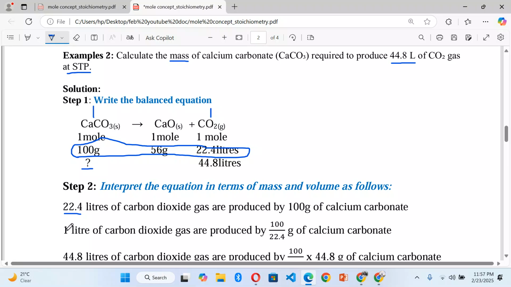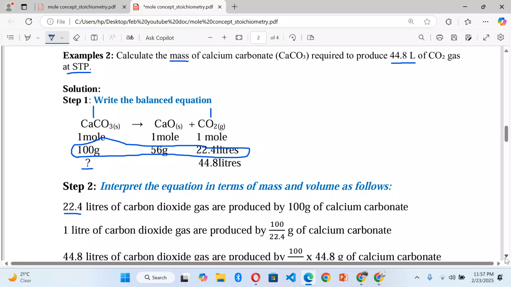Now, if 1 liter of carbon dioxide is produced by this, then what about the 44.8 liters? This is the volume which they have given us here. If 1 liter can be produced by this much calcium carbonate, then what about the 44.8 liters?